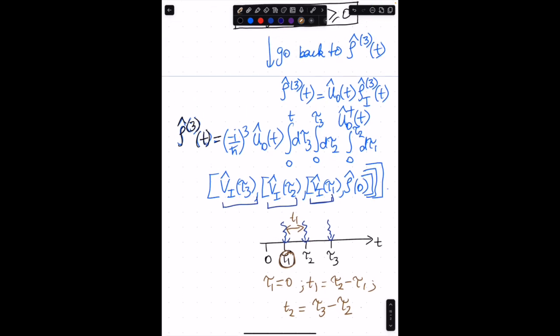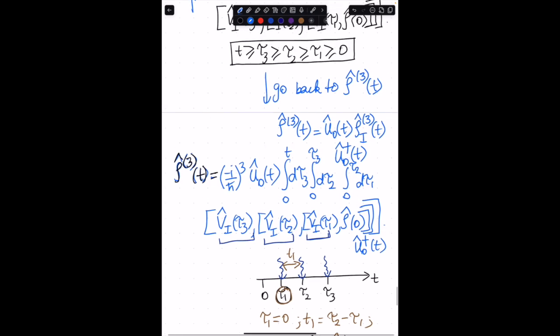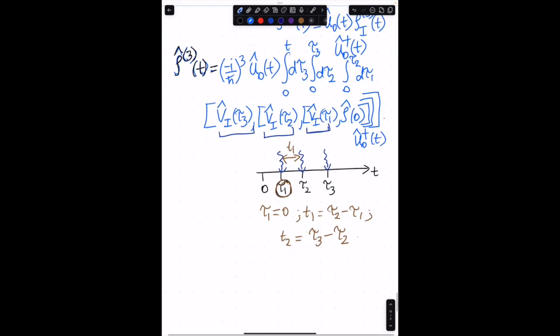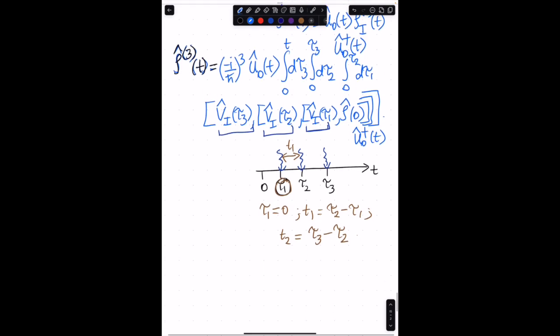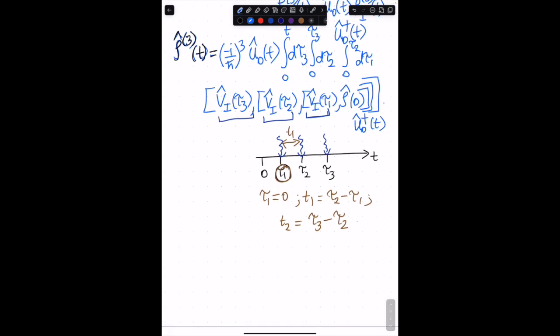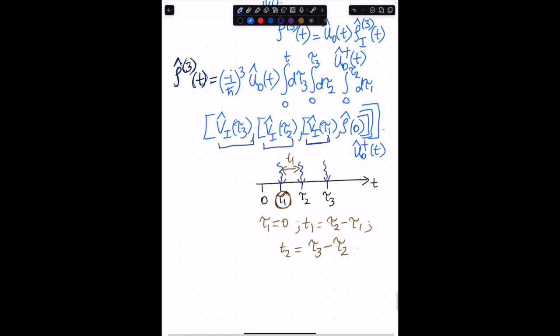And again, I have forgotten to mention the U hat dagger T here with respect to the matter system, but it's good to mention that in because that's a mistake. So what we have to do now is to transform the integration variables.